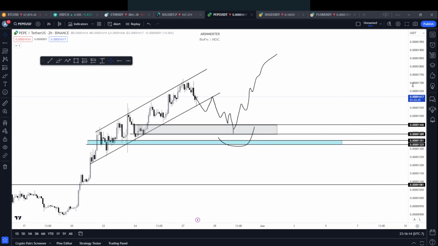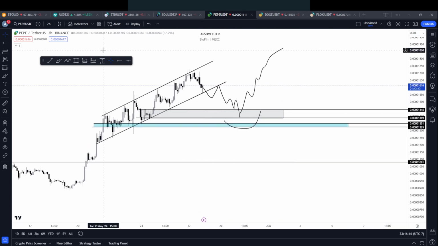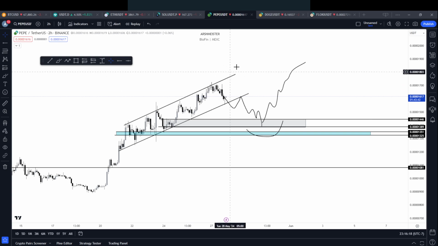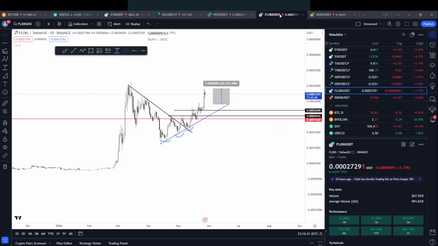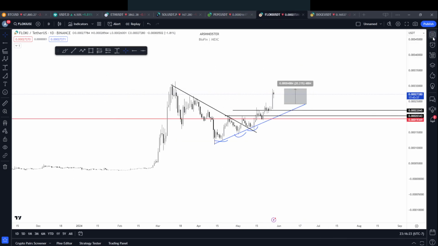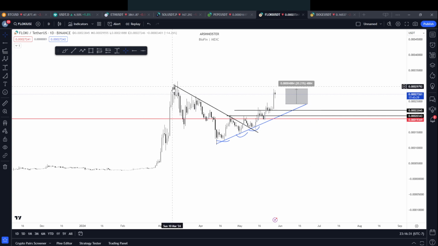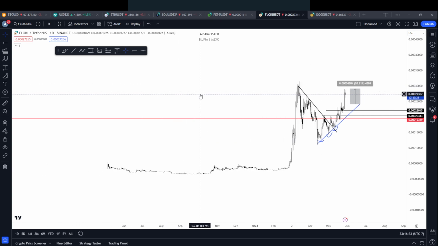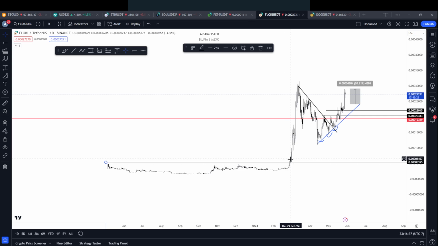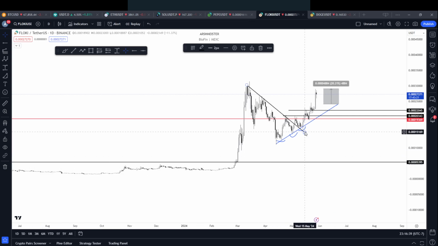Okay, so that's for Pepe. Now let's take a look at Floki, right? I gave this to everyone yesterday or 2 days ago, depending on which time zone you're in. Same thing here, right? This took out the highs, retested.